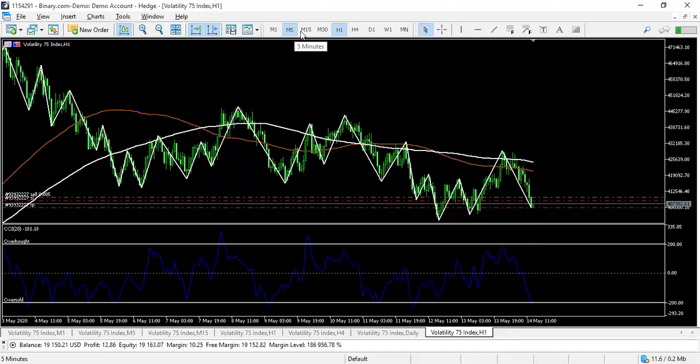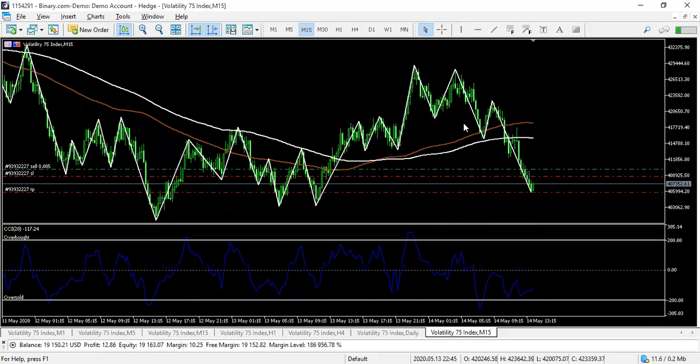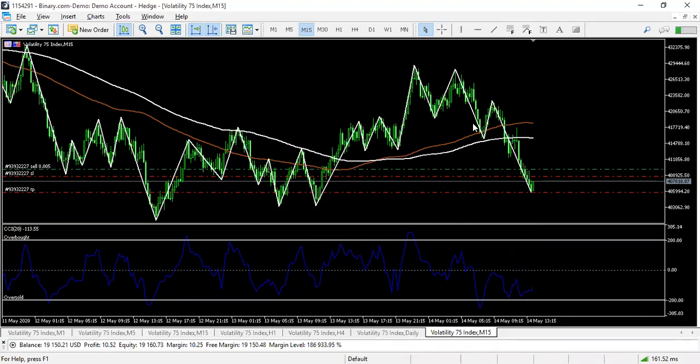Then you move to your M15. You also consider M15. Are prices above the brown and the white, or are they below the brown and the white? In this case, prices are below the brown and the whites.